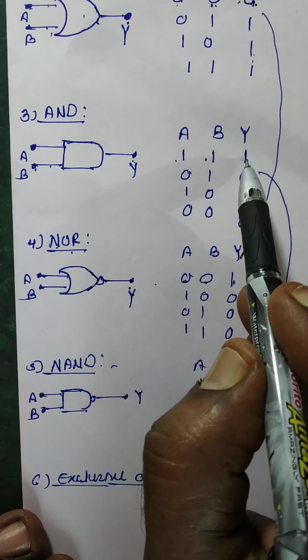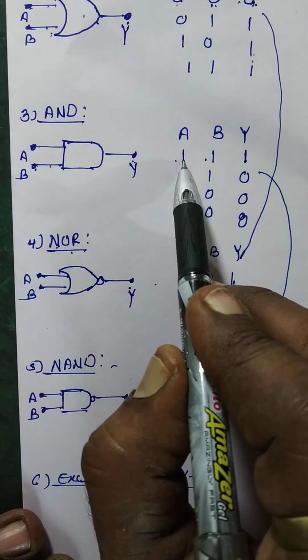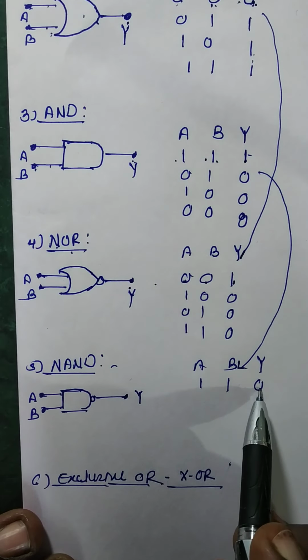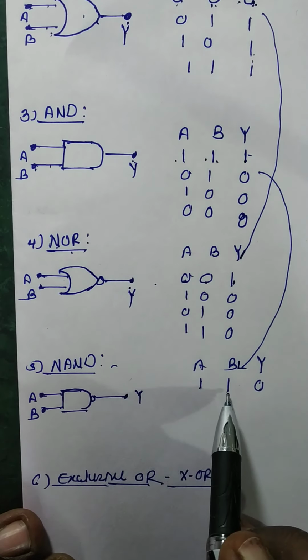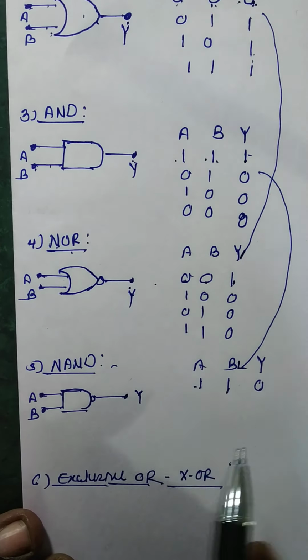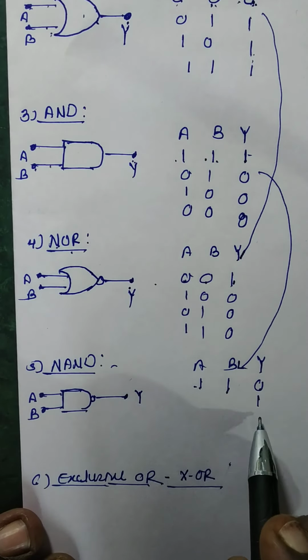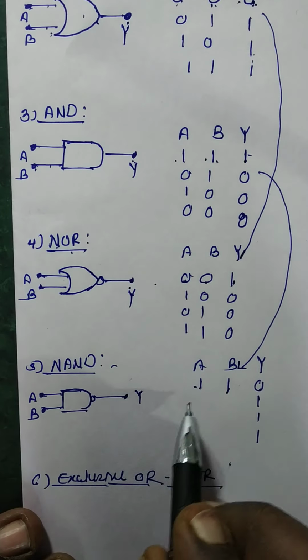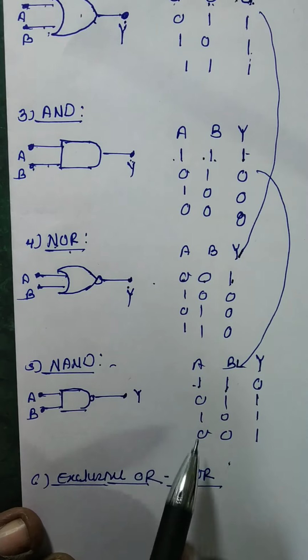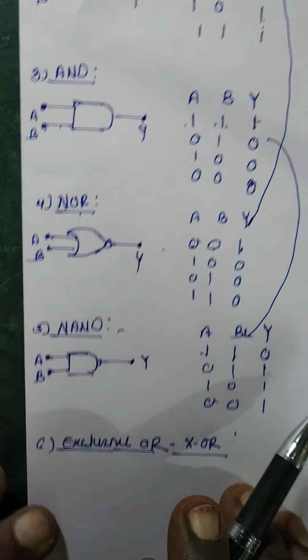What are we saying here? Output is high only when all inputs are high. We invert that: output is low only when all inputs are high, otherwise the output is high. Such a gate is called a NAND gate.